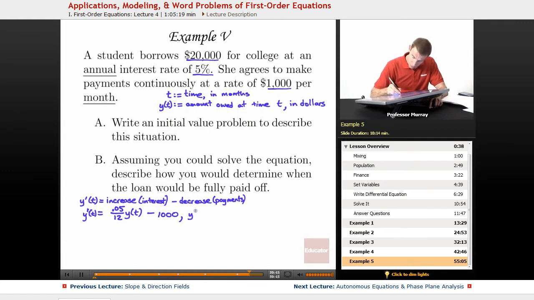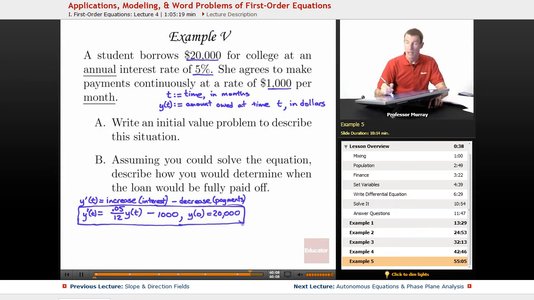So y of 0 is $20,000. So that together gives us an initial value problem because we have a differential equation describing the increase and the decrease and an initial condition describing the initial amount that she owes on the loan.